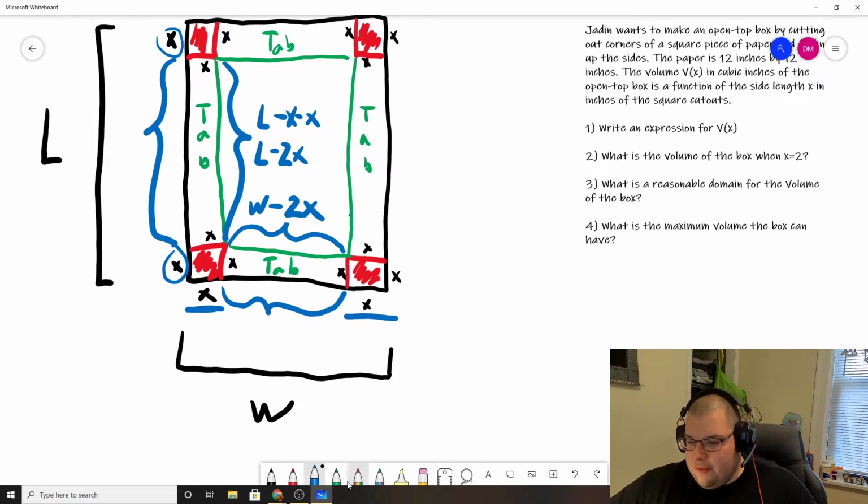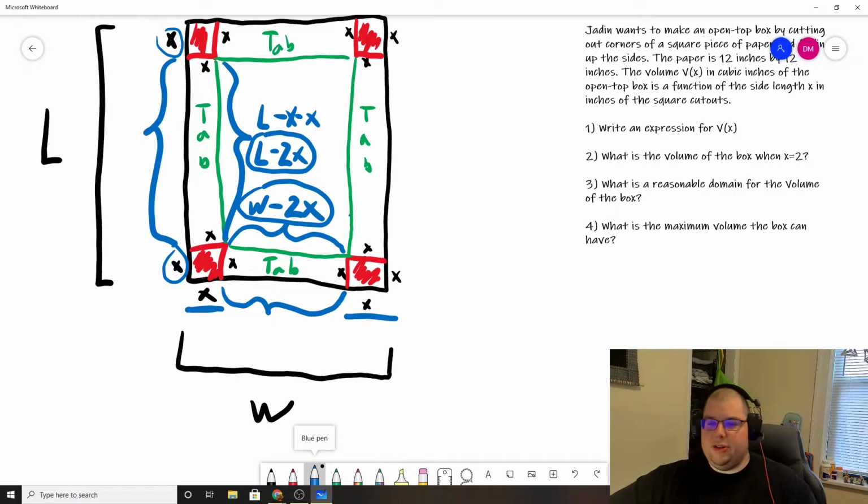So the width of my box is W minus 2x, and the length is the length minus 2x. So the width of the box, W minus 2x, the length of the box, L minus 2x, where L is the length of the piece of paper.